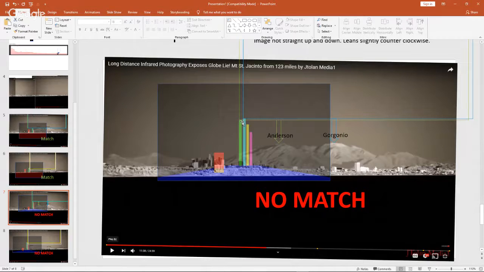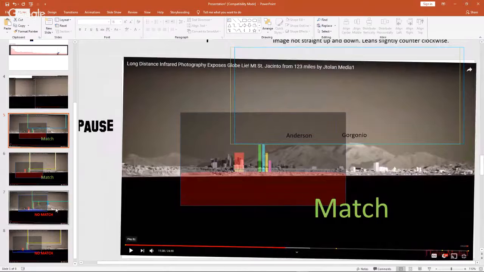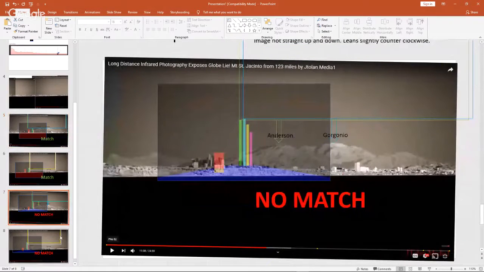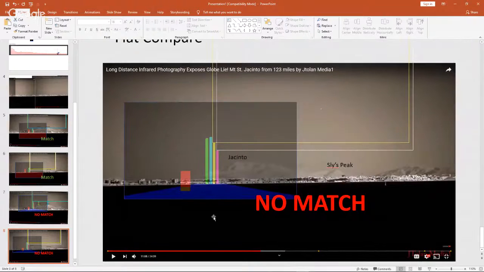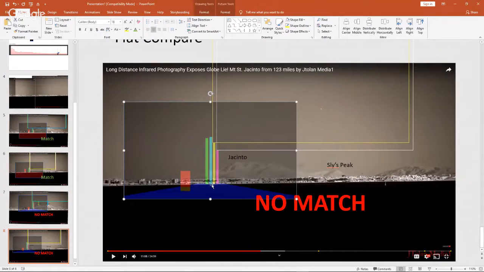Not even partially close. And I did rotate the image just as I did with the flat one or with the curved one. So didn't match. And then using that exact same scale, it doesn't matter where I put it. And what's funny is the horizon actually goes up even higher.